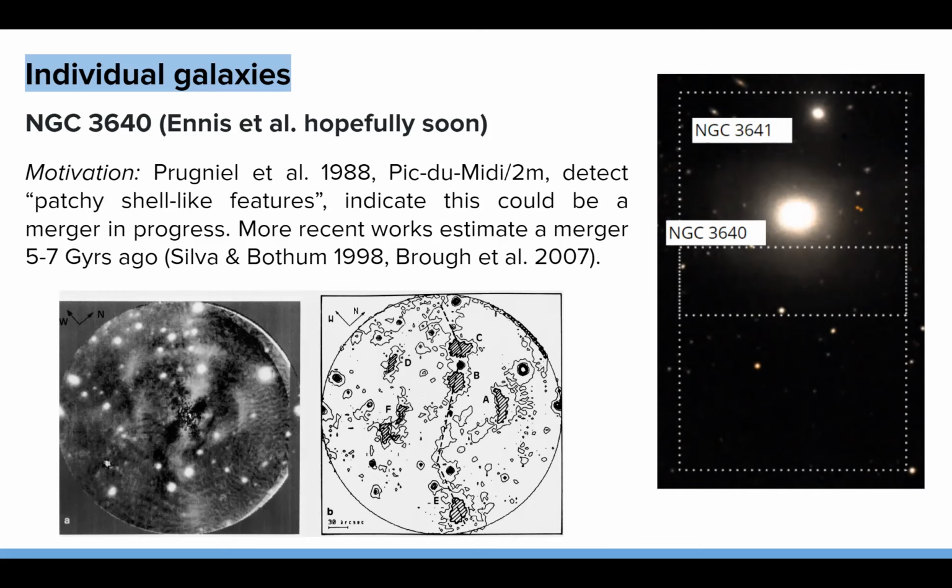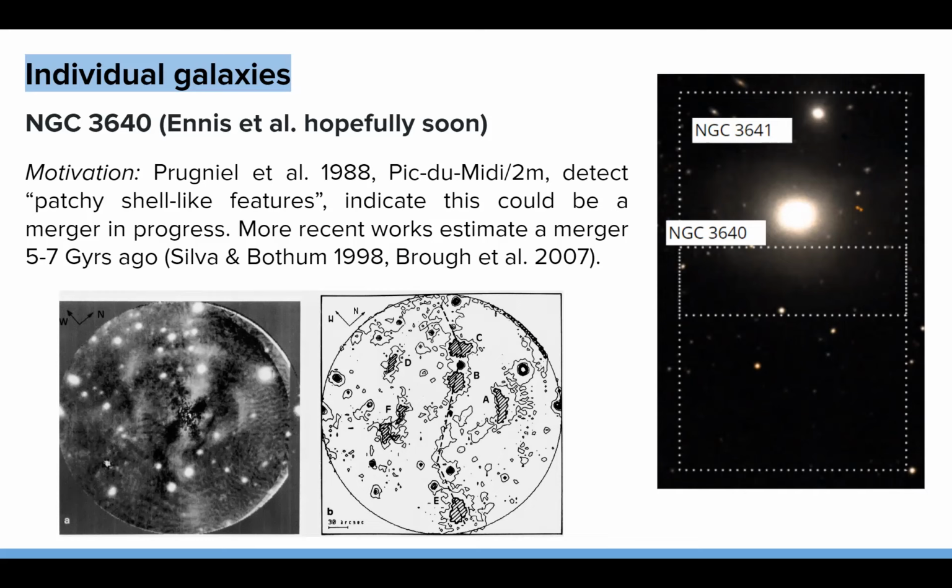But all of the works that were done on this galaxy focus very much on NGC 3640 and the potential major merger, and they always at the end mention that NGC 3640 has a compact elliptical companion, and they could be interacting or they could have interacted, but no one really moved their field of view a little bit in the direction of the companion to see if there was any connection between the two of them, which is not unlikely because NGC 3641 is a compact elliptical, and from my very brief understanding, compact ellipticals usually have been interacting with a larger galaxy.